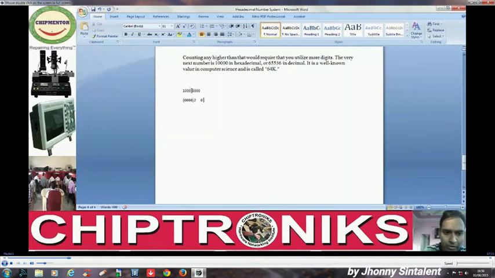And for the other group, 0 1 2 3, that is 1 into 8 plus 0 plus 0 plus 0, so this will be 8. So we can write in hexadecimal as 80.